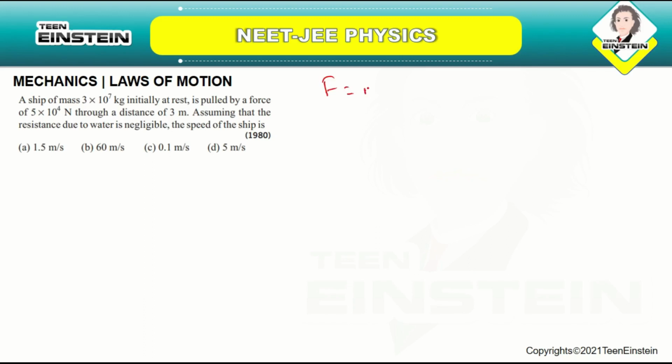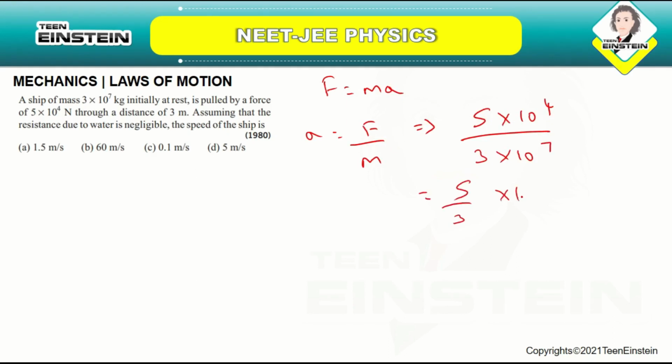So F is equal to ma, or a is equal to F by m. So here they have given you the F value as 5 into 10 power 4 and the mass is 3 into 10 power 7. So if you solve this, you will be getting it as 5 by 3 into 10 power minus 3. Now the speed v is equal to root of 2as.